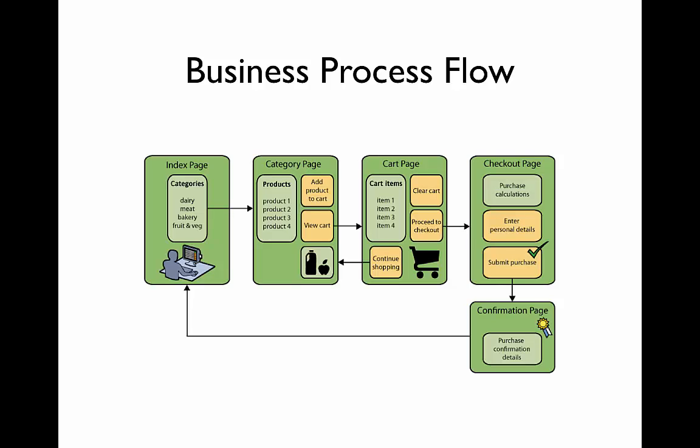Now, from the cart page, they see all the items they have added to their cart. They can manipulate the quantities here, which keeps them on the same page. They can continue shopping, which takes them back to the category page they came from, or they can proceed to checkout, which takes them to the checkout page.